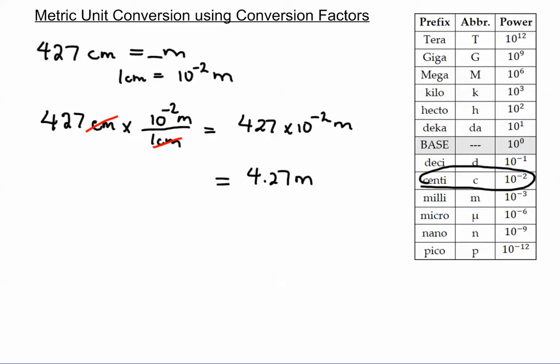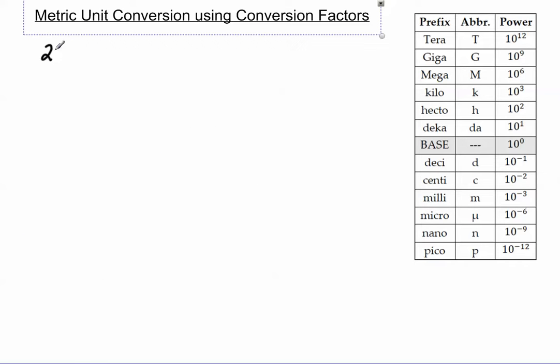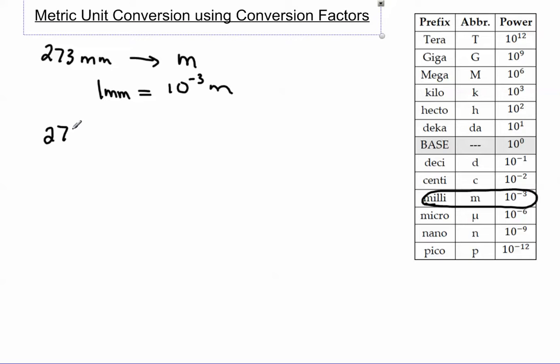Another example, 273 millimeters to meters. Again, we go here, we see we've got millimeters is times 10 to the minus 3, so we have 1 millimeter is equal to 10 to the negative 3 meters. We have 273 millimeters times our conversion factor. We want our millimeters to cancel, so millimeters goes in the denominator and our unit of meters sits on top.